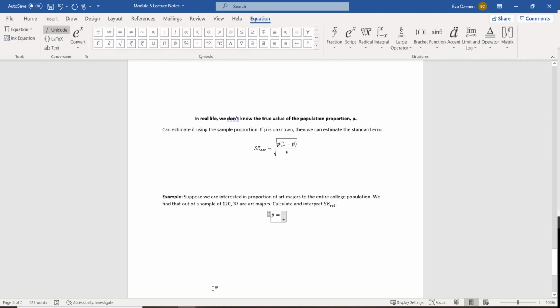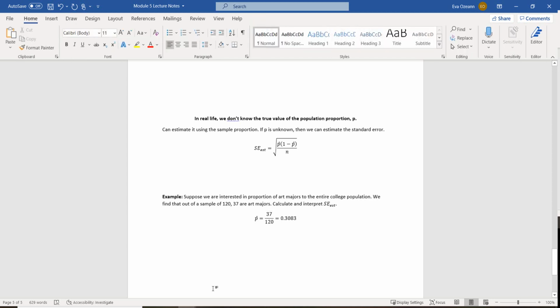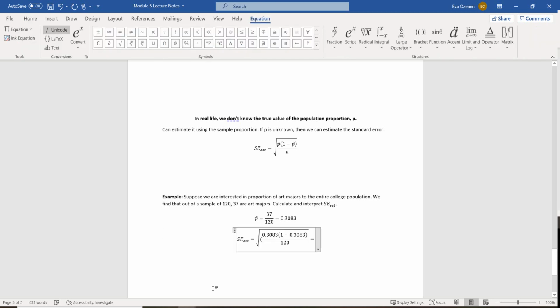So I know that I had 120 people in my sample total, and 37 of them were art majors. It's going to be 37 divided by 120. It's going to give me 0.3083 if I round to 4 decimal places. Now I'm going to use that to calculate the standard error estimate. So remember, the standard error estimate is going to be the square root of p hat times 1 minus p hat divided by 120.